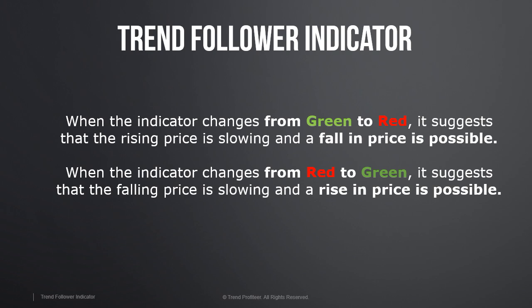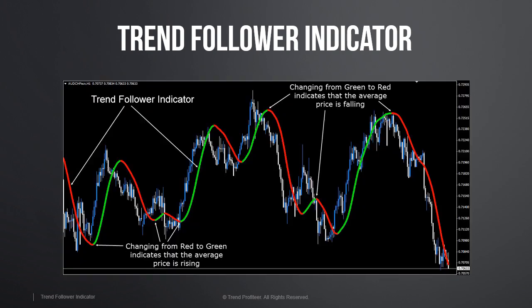When the indicator changes from green to red, it suggests that the rising price is slowing and a fall in price is possible. Conversely, when the indicator changes from red to green, it suggests that the falling price is slowing and a rise in price is possible. Going back to this chart, you can see when it changes from green to red, it's suggesting that price is experiencing some fatigue, it's exhausting its rally, and it's going to fall.